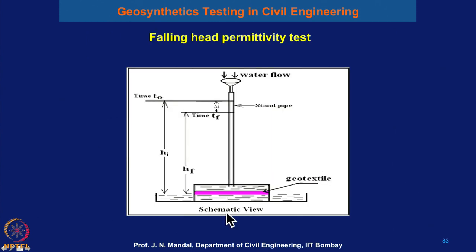So, after collecting in the reservoir, it is another kind of falling head permeability test method. The geosynthetic material is here, and this is the initial time T0 when the height is Hi, and after a certain time, this is the final time, T of F. Then this is H of F, the height which we are measuring from here to here, and the geotextile material is here.